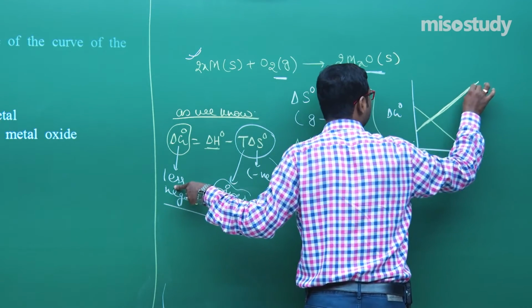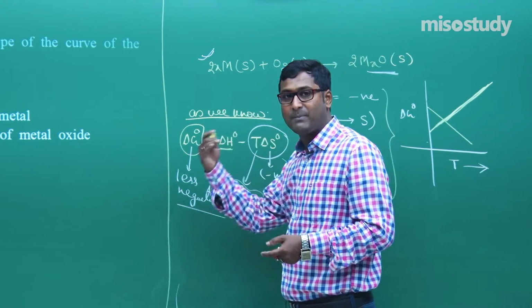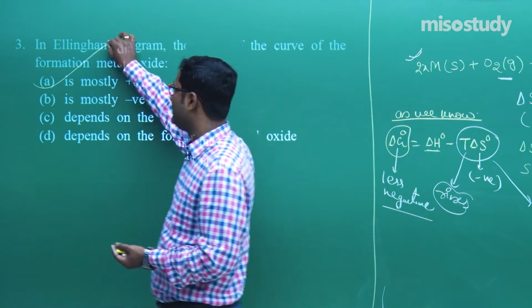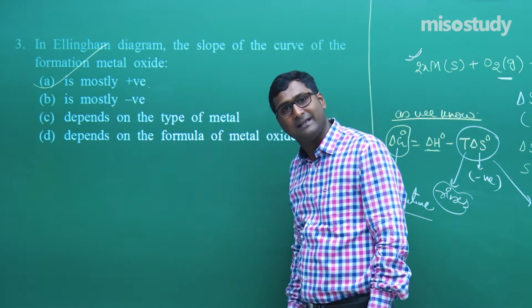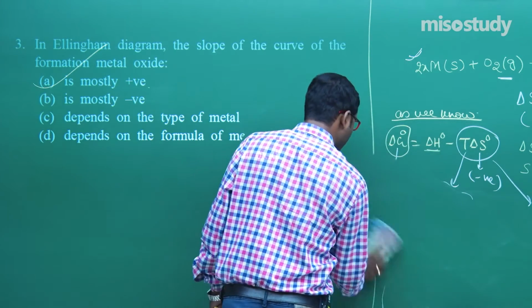So in this case, if delta G becomes less negative, then what will happen, friend? It's very simple. It is mostly positive. For question number 3, A is the correct option. Is it clear to you? Now I'm going to rub this part. We'll discuss the next one.